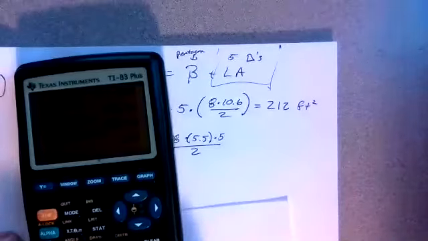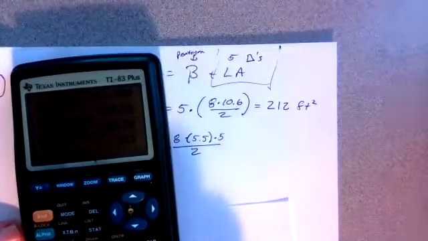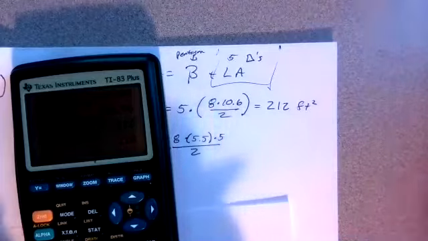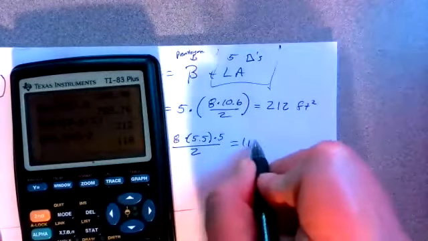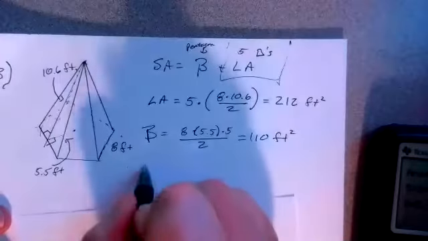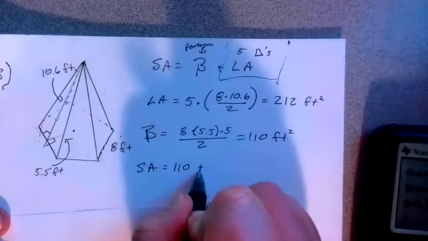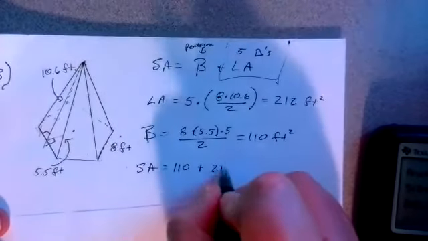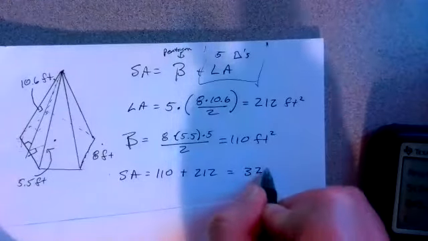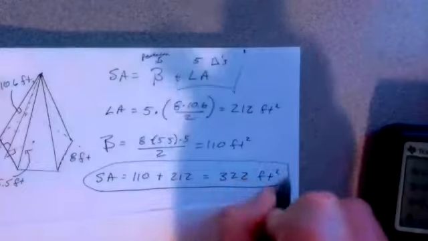Now we can do it in our calculator. 8 times 5.5 times 5 divided by 2 is 110 feet squared. And now our total surface area is going to be the area of the base, 110 feet, plus the lateral area, 212 feet, for a grand total of 322 square feet.